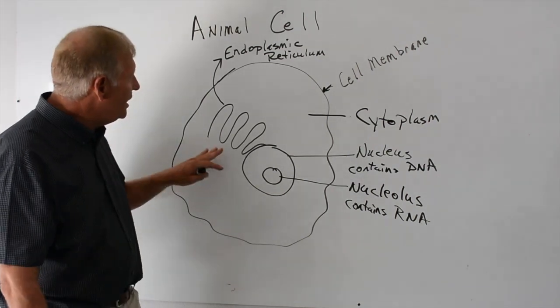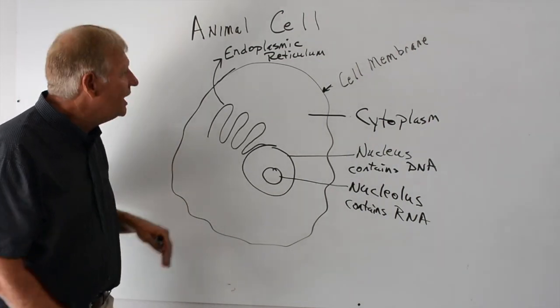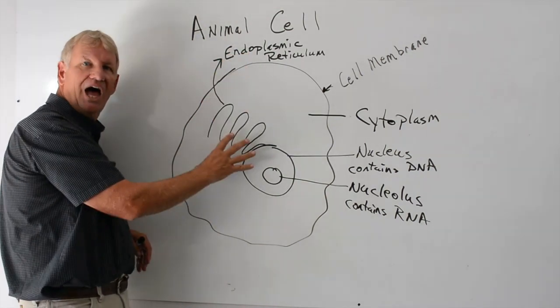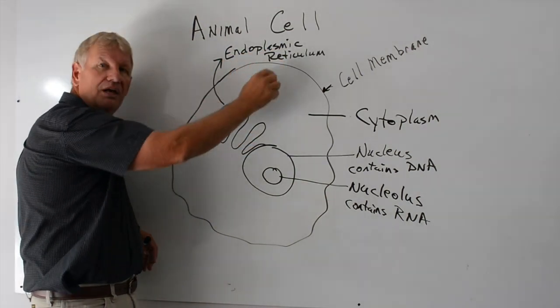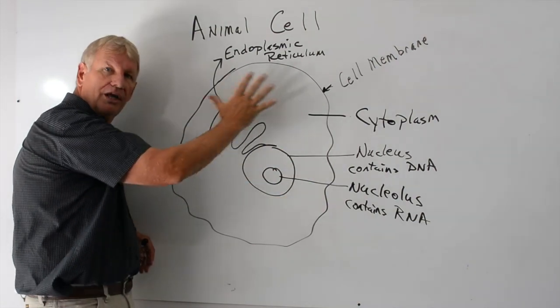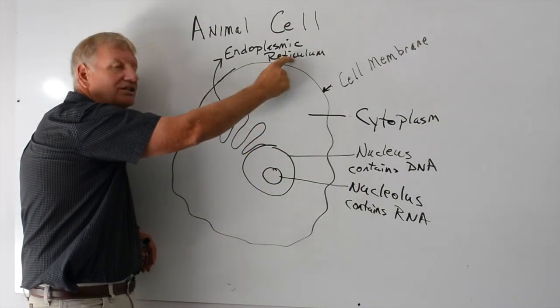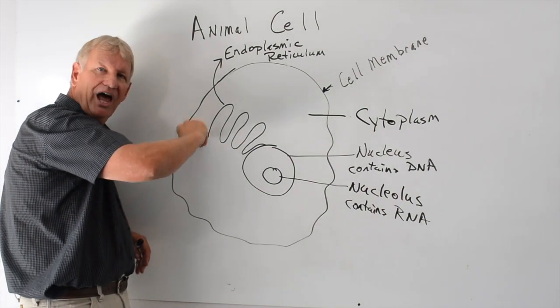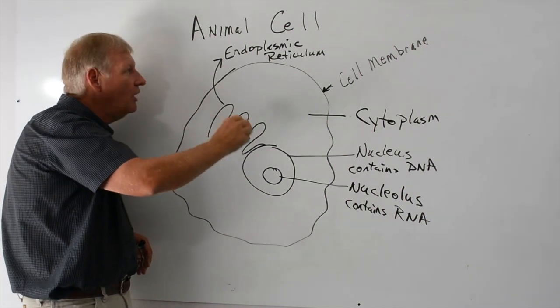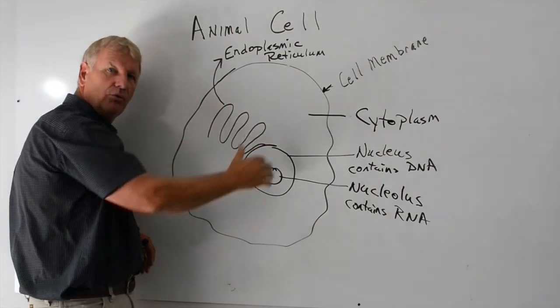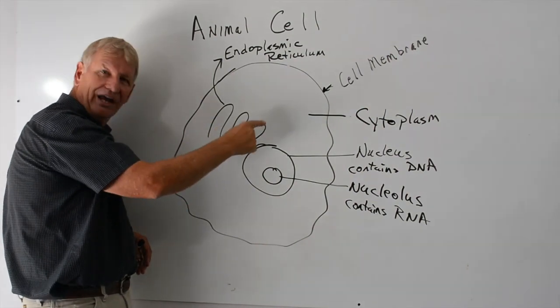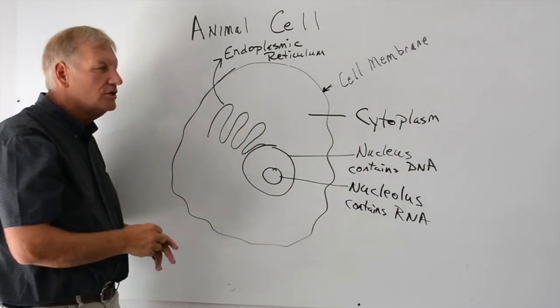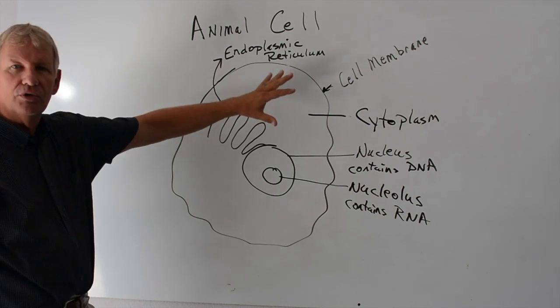And the endoplasmic reticulum: endo means inside, plasmic means the plasma, the liquid part of the cell, and reticulum is a word meaning slide. So inside the liquid part of the cell, we have the slide. Isn't that cool?